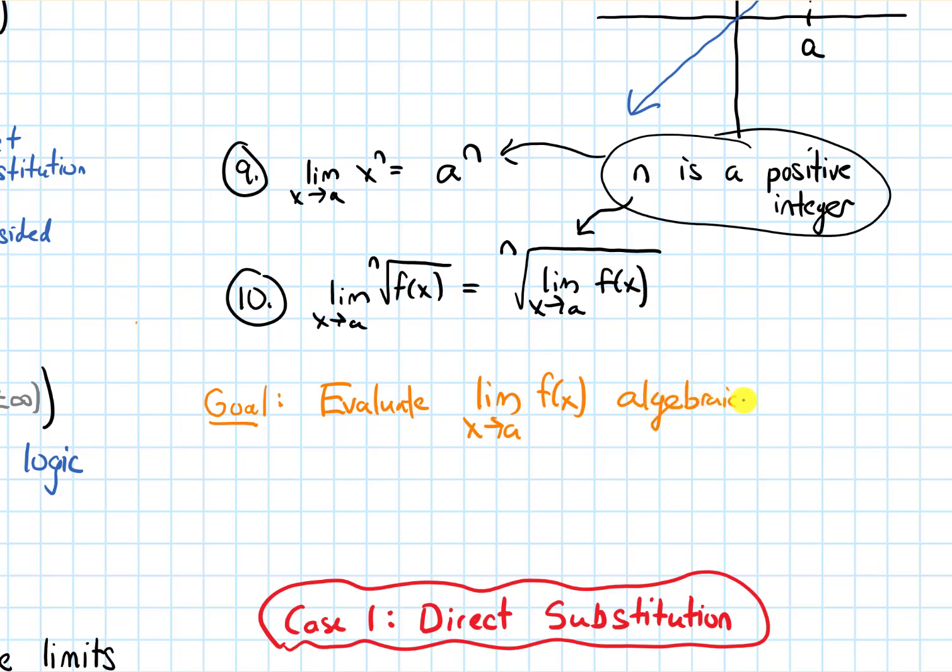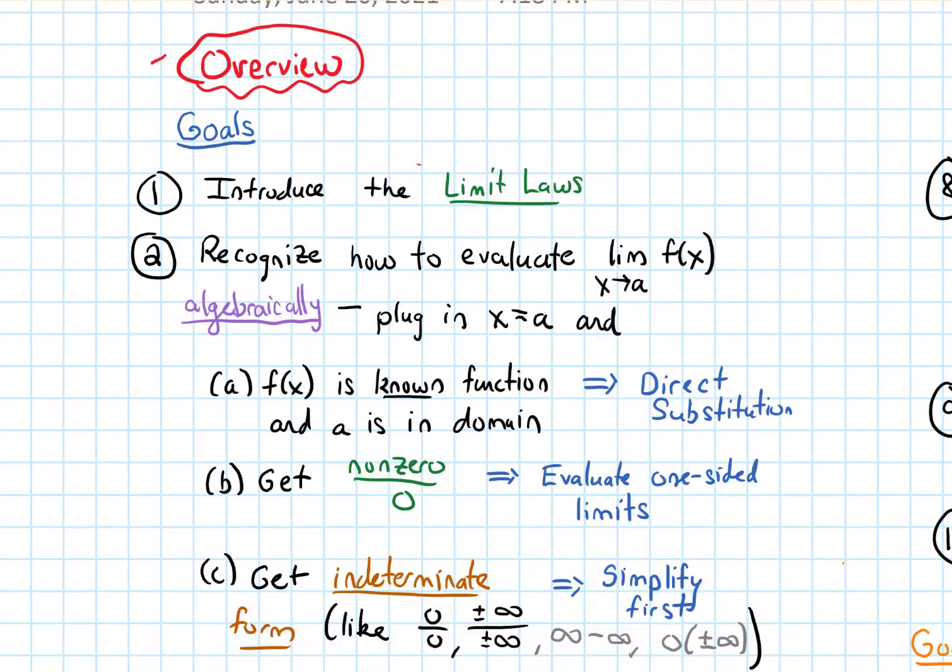That means by doing things like plugging in or simplifying in general situations. There are 4 cases that we will consider. In terms of our goals for this section, we finished our first goal, to introduce the limit laws.